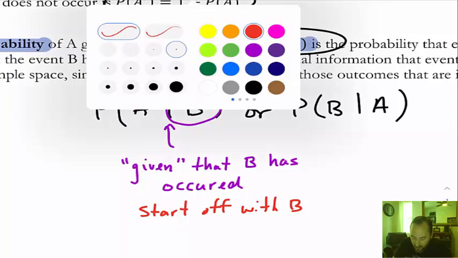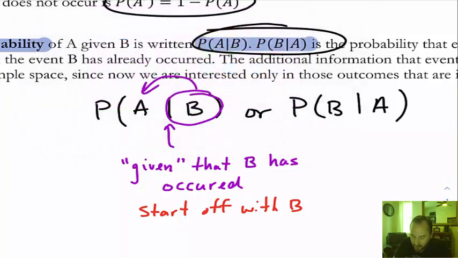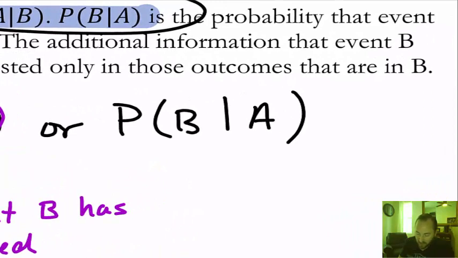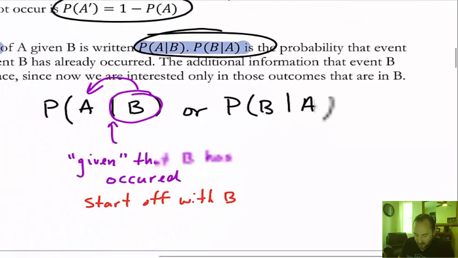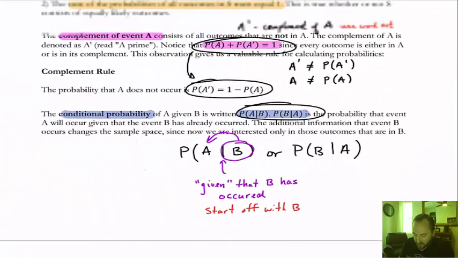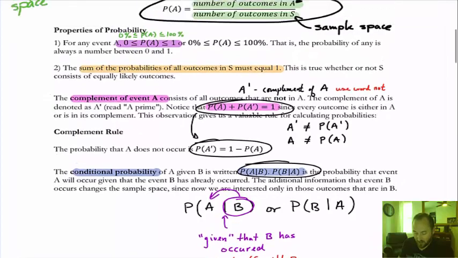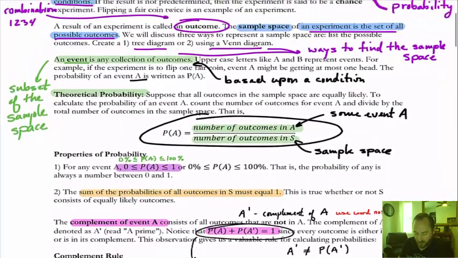Look at the B and then you jump back over to the A. The same thing comes over here. In this notation, this is the probability of B given that A has occurred. So here on the right, we assume that A happens first, and then you jump back to see what the probability of B is. So that is just an introduction to the definitions that we're going to look at as I go through the different examples here in 3.1.